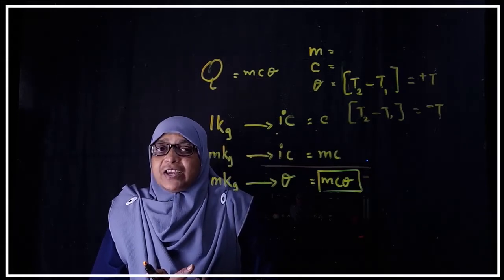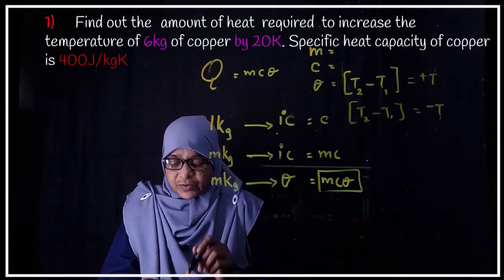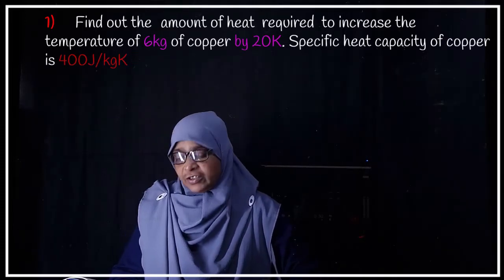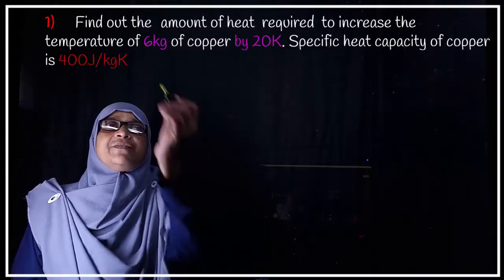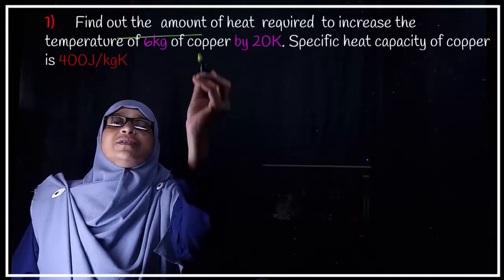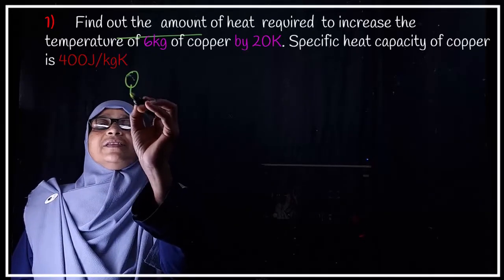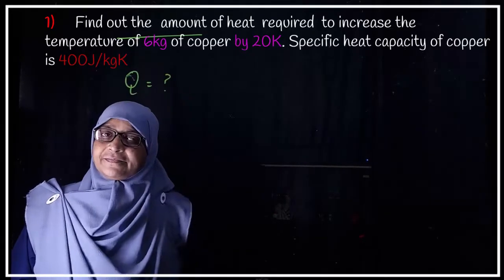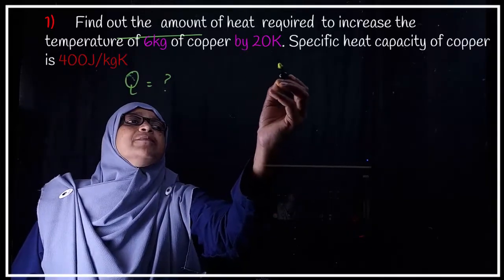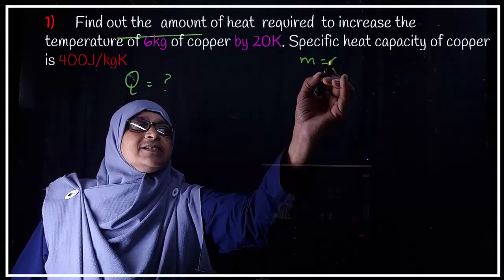Okay, then we do some examples given in the textbooks. Open your textbook now. Here we have the question. Here we are asked to find out the energy. This is our question. According to this, the mass is 6 kg.